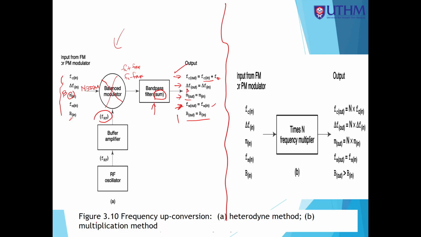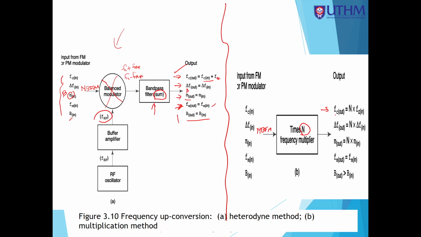What about if we use the multiplication method? The input here is a narrowband FM. This multiplier has a multiplier factor of n. What happens to the output? The carrier frequency will change.